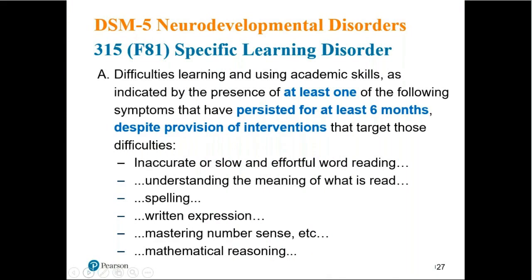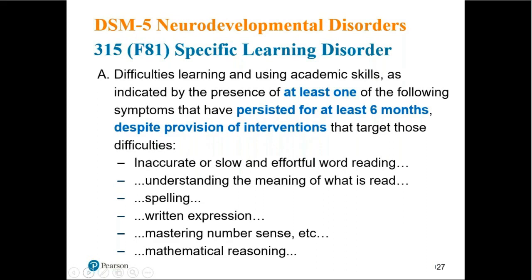The first criterion is that the child, or adult for those working in the adult area, will have difficulties learning and using academic skills as indicated by the presence of at least one of the following symptoms, and those symptoms must have persisted for at least 6 months, despite provision of interventions that target those difficulties.